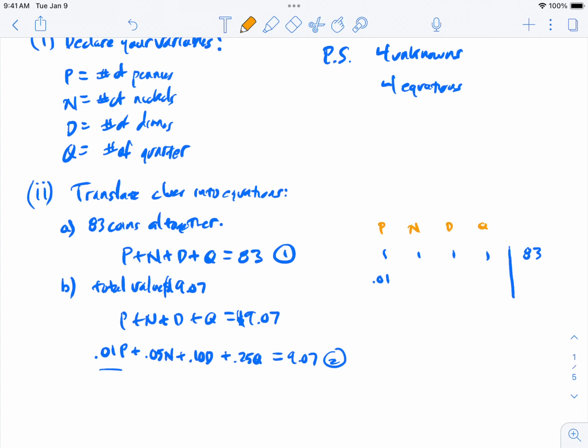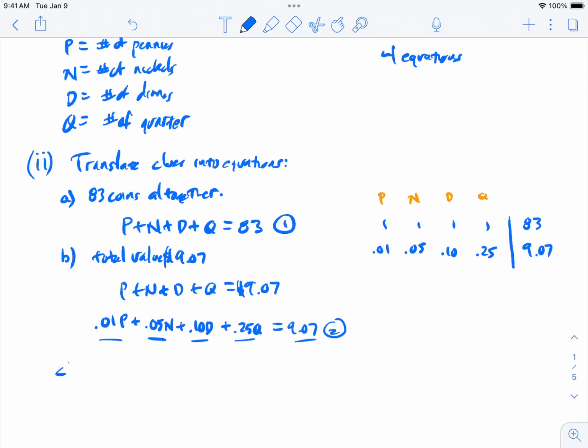So these are the coefficients of P, N, D, and Q. The coefficient of N is 0.05, that goes in the second column. The coefficient of D is 0.10, goes in the third column. The coefficient of Q is 0.25, goes there. Across the equals is $9.07. Wow, two equations, two to go.